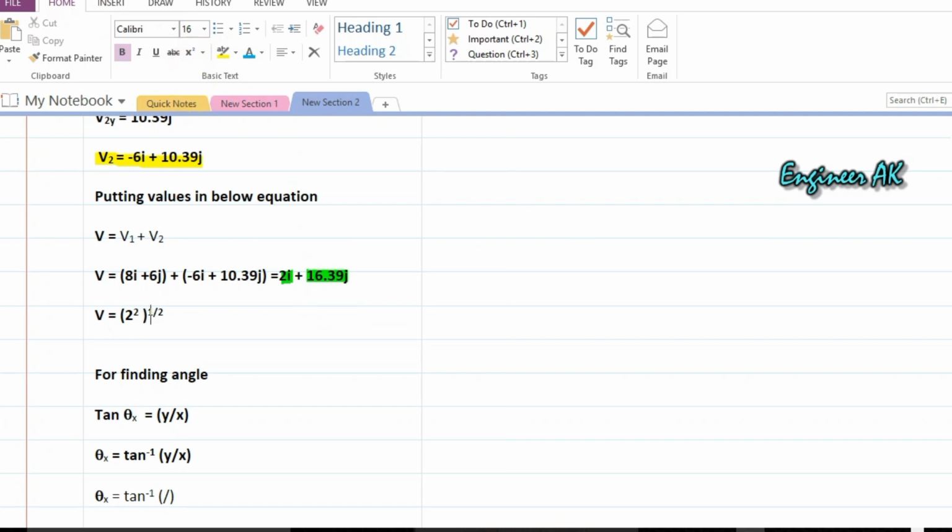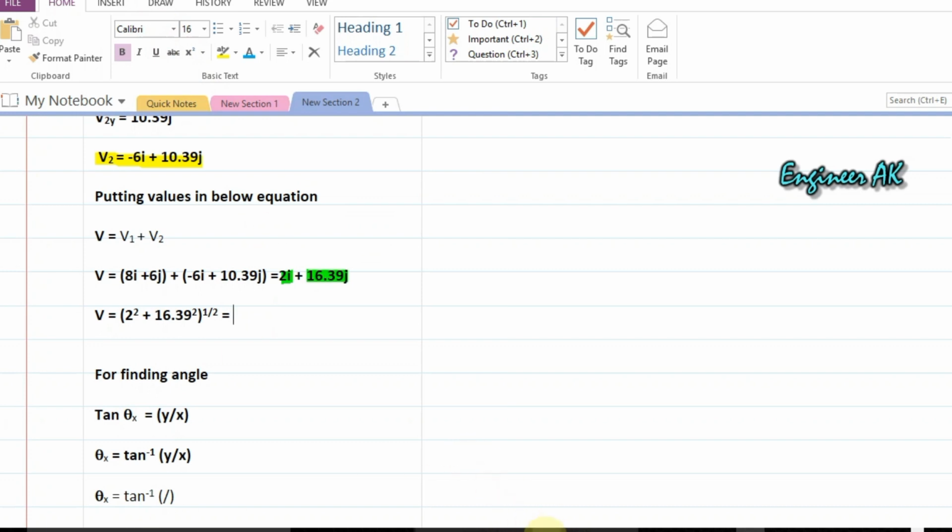And plus 16.39 square, right? And under the root, like I'm finding the magnitude of this vector. That was the part 1.